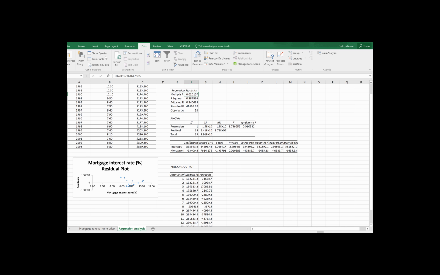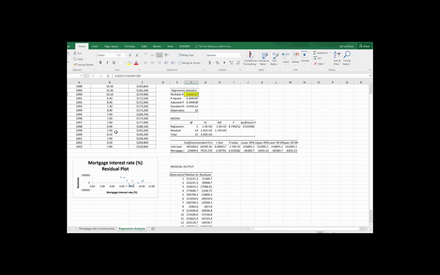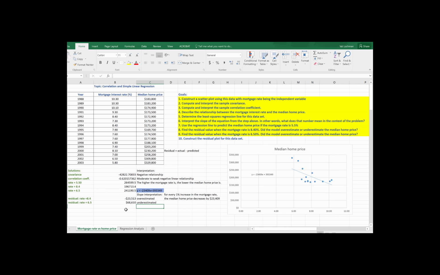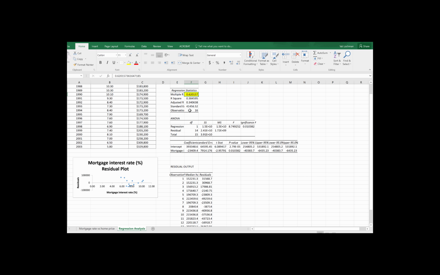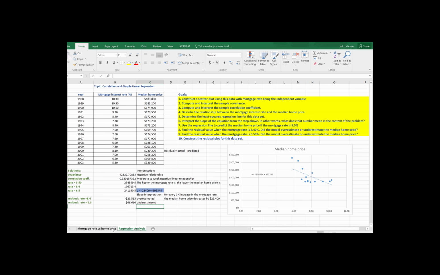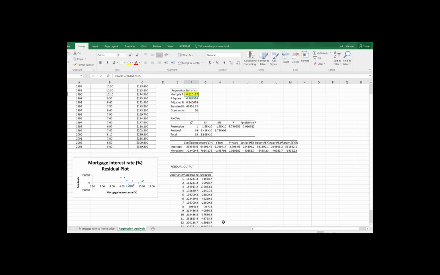Okay, this number right here should look familiar. This is your correlation coefficient, but it's not negative, right? So we just know that the linear relationship here is negative, but this number is exactly the same as we got over here. Okay, let's see what else. Here your coefficients for the equation, they're just not rounded, right? So here's your y-intercept and here's the slope.